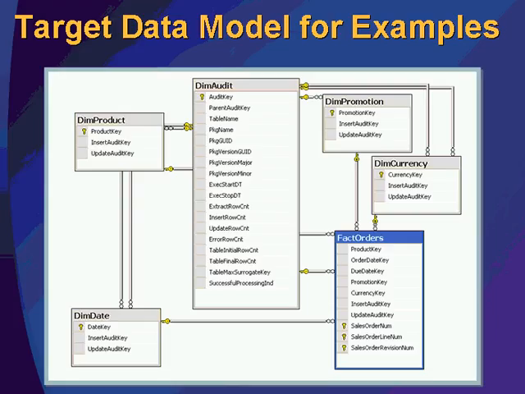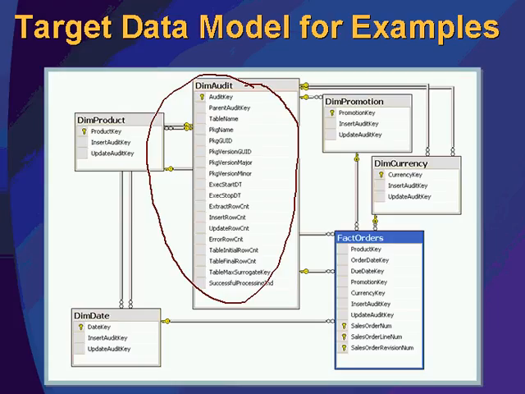And I think it's very important that everybody build an audit system into their data warehouse. As you can see, every dimension table has a key that links to the audit dimension for when that row was inserted into the table and when that row was updated in the table, and the same, of course, for the fact table as well.